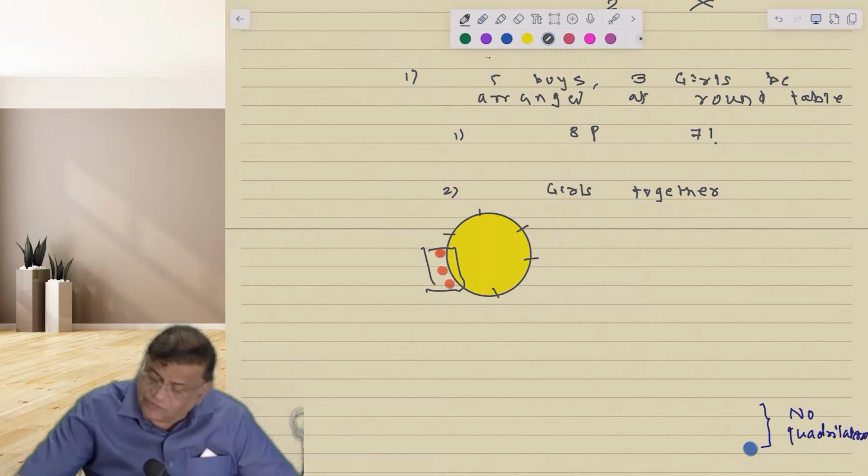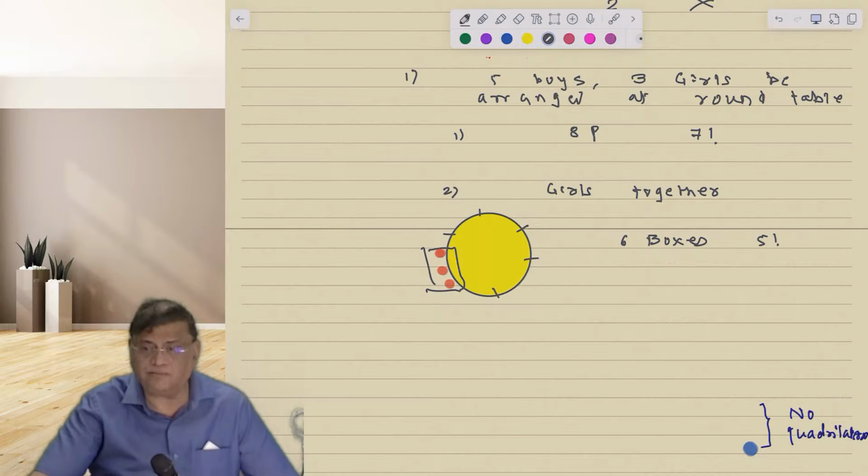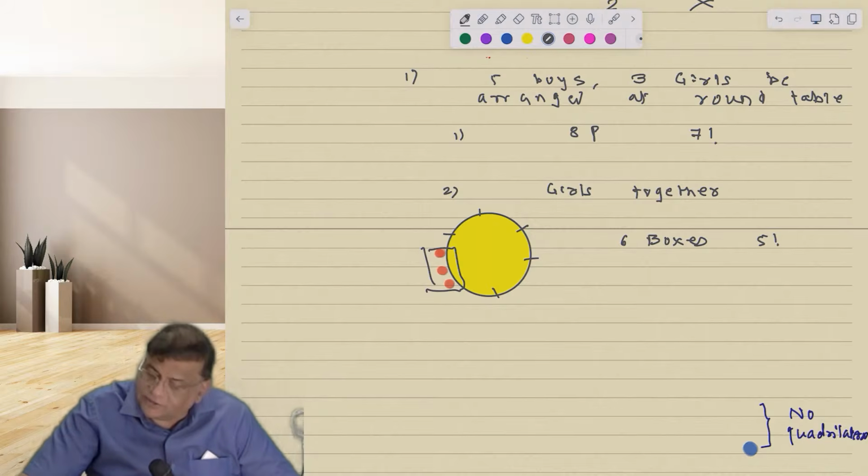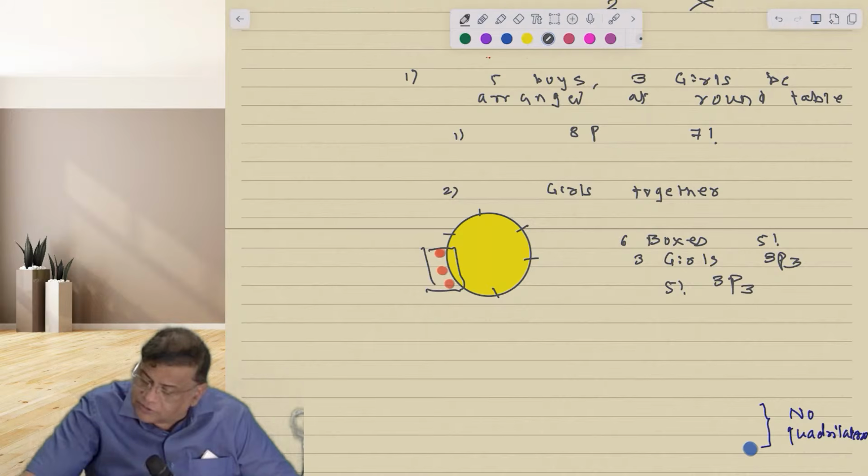So there will be 6 boxes, and those 6 boxes can be circularly arranged in 5 factorial ways. But first placement is round, but the second placement for the 3 girls, it is going to be row, 3p3. So it is going to be 5 factorial into 3p3.